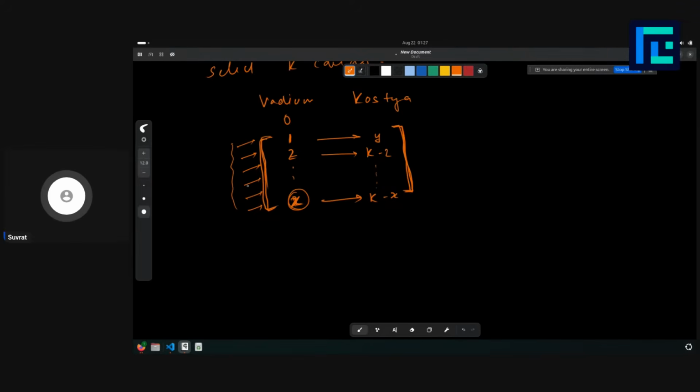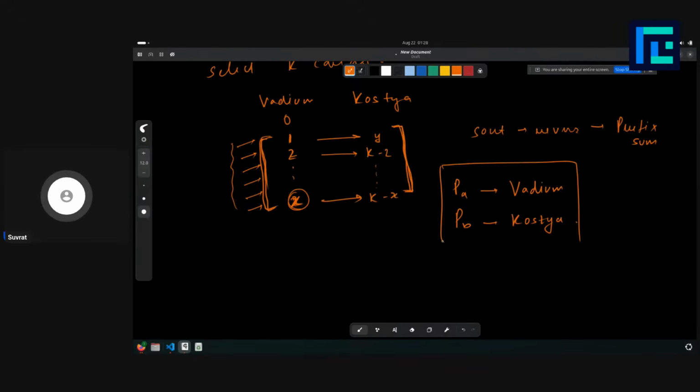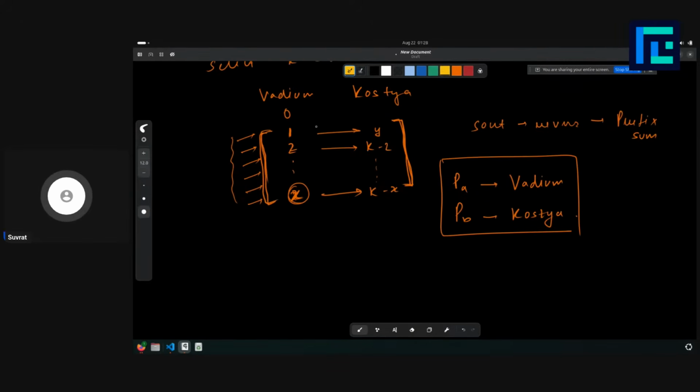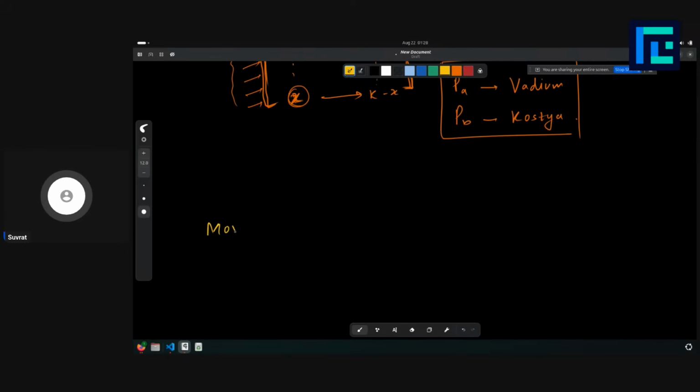So it would be easier if we sort, then reverse, and then take prefix sums. So PA will denote the prefix sum for Vadim, and PB will denote the prefix sum for Kostya. What we are trying to do is find the maximum of PA of i plus PB of k minus i.